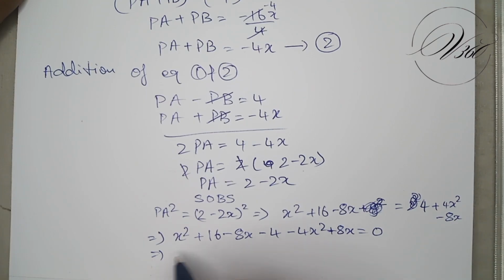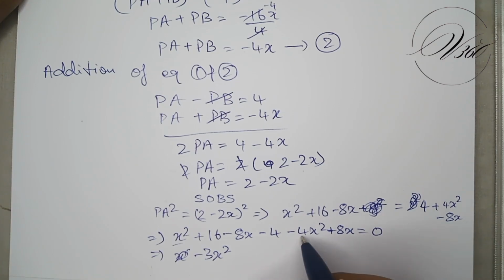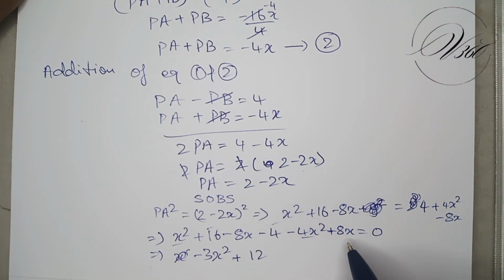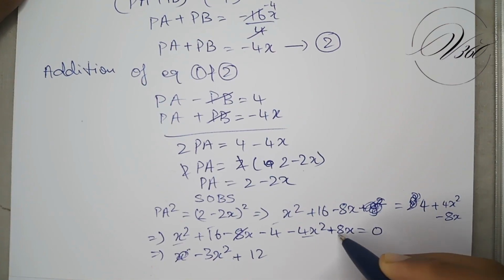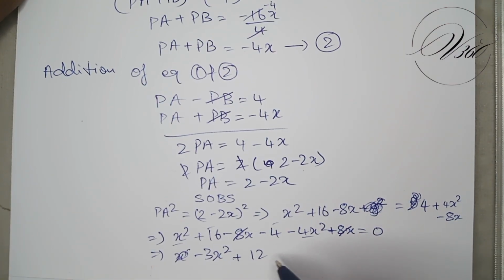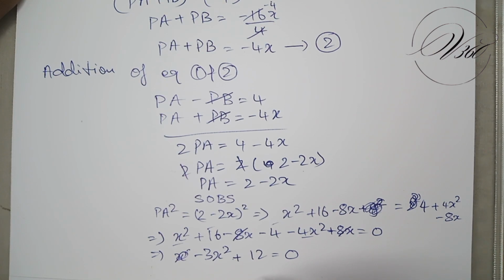Now x square means minus 3x square, this done. Now 16 means, 4 fours are 16, no, 4 threes are 12, so plus 12, this and this done. Now minus 8x plus 8x, both get cancelled, right? Now we are remained with 0 here.